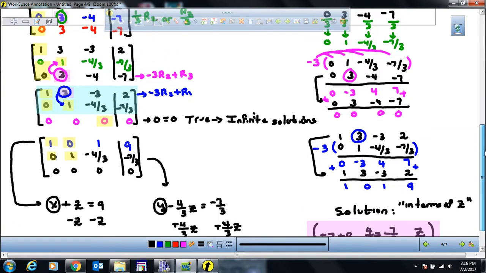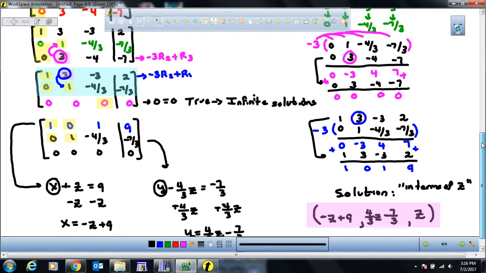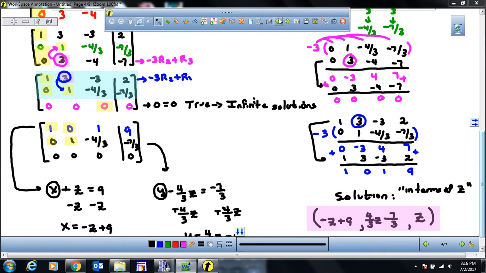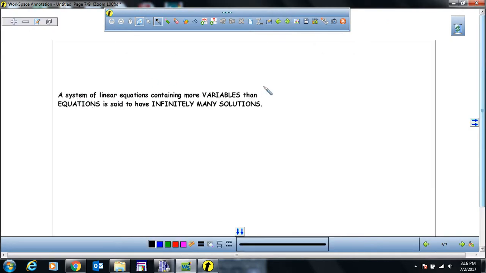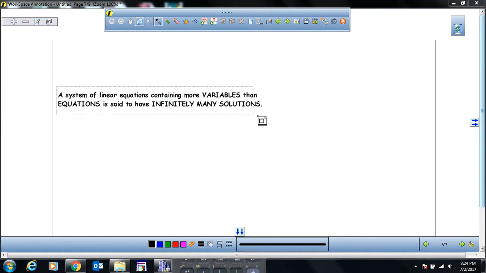Okay, so we have one last case of how do we solve a system of linear equations with Gauss Jordan elimination. That is when you have a system of linear equations containing more variables than equations.